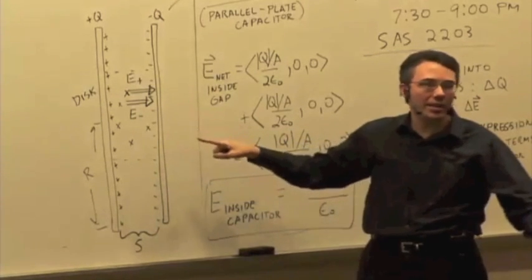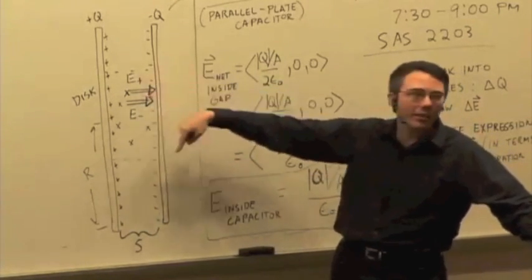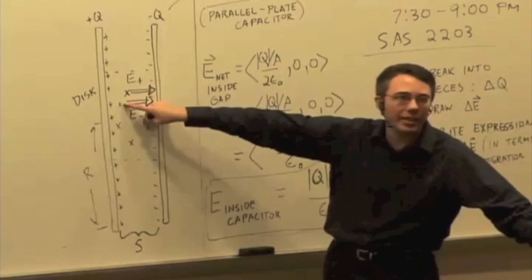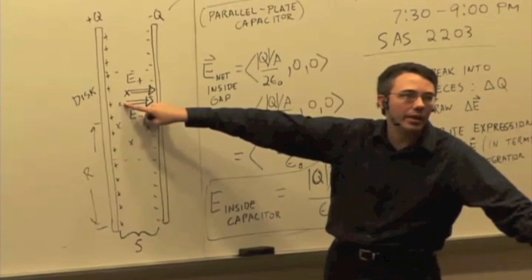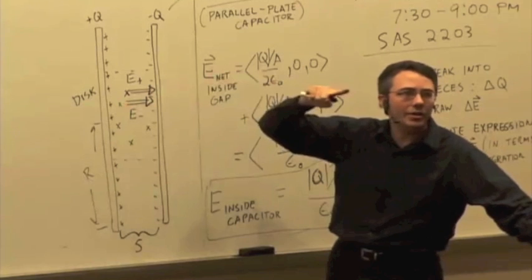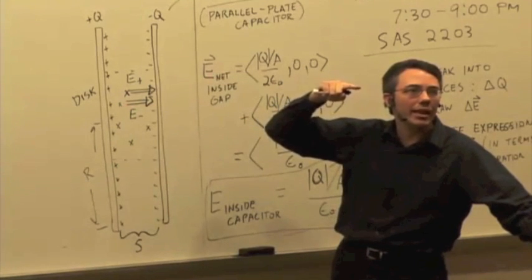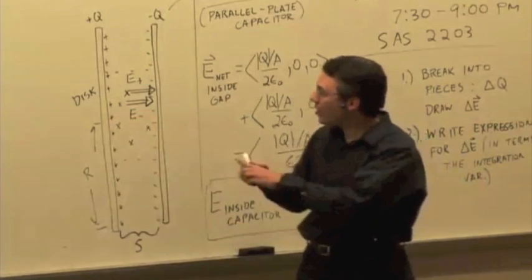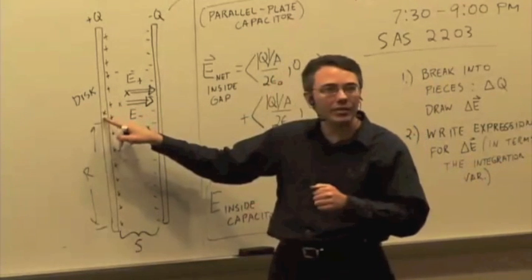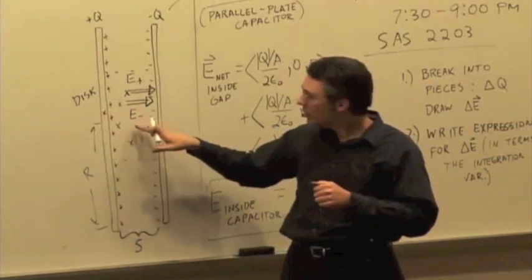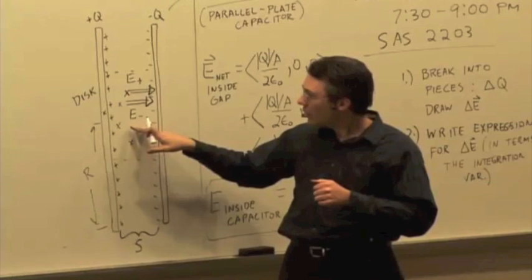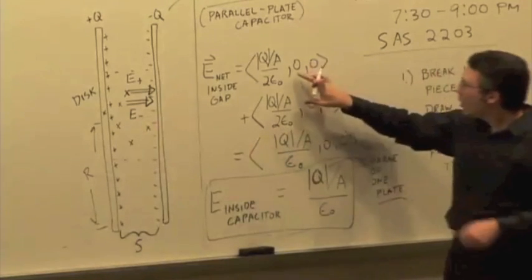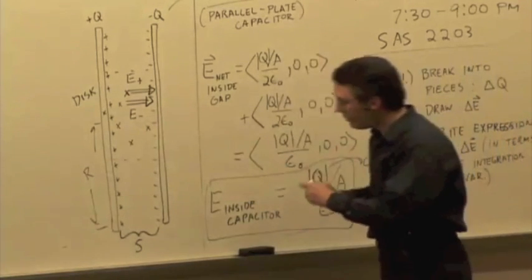Well, the question we're asking is, what is the electric field made by those charge distributions at locations inside the gap? Okay. Now, maybe I didn't answer your question, so ask it again. Oh, inside the capacitor itself, as in like here, like inside. Oh, okay. So what I did was, all right.